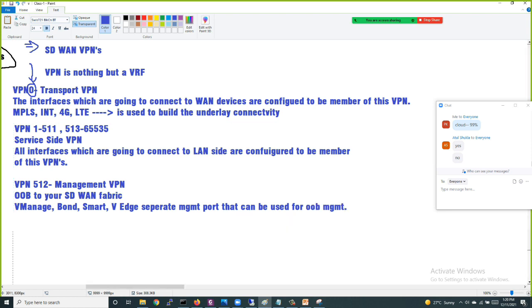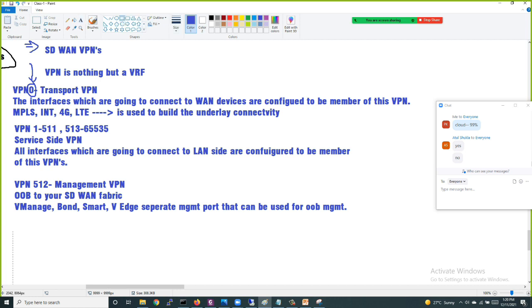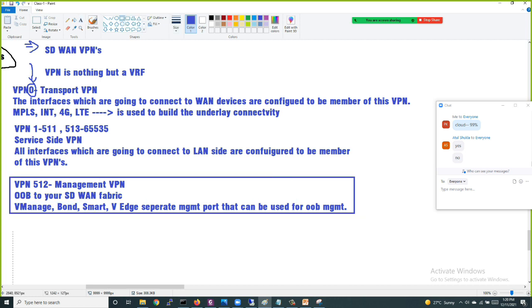So VPN 512 is for the management aspect. If you want to manage the devices, meaning taking the GUI, CLI, whatever you want to take, right? So these are the two most important VPNs.